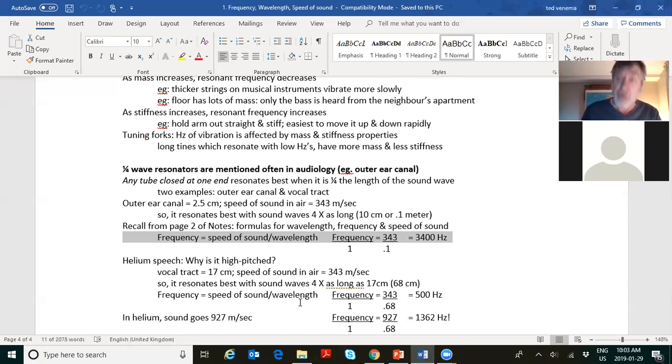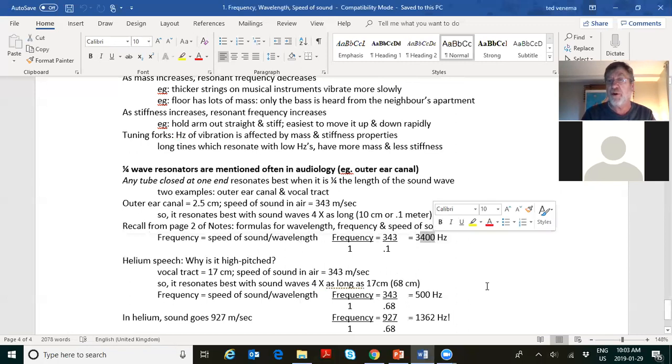So the frequency that the ear is going to resonate with is 343 divided by 0.1. You get your calculator out and you find that it's about 3,400 hertz, or to be exact, 3,430 hertz. Close enough for government work. So it's going to resonate with that frequency.